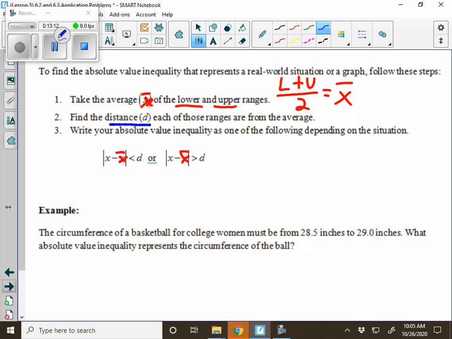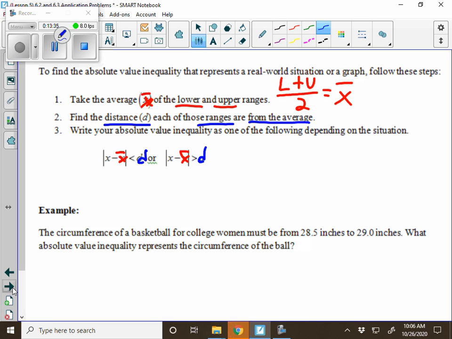Next, we're going to find distance. The distance those ranges are from the average. We have to be careful, the distance number should always be positive.